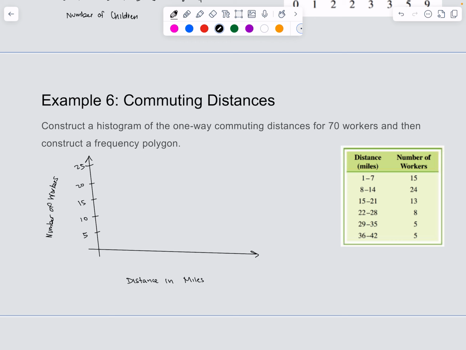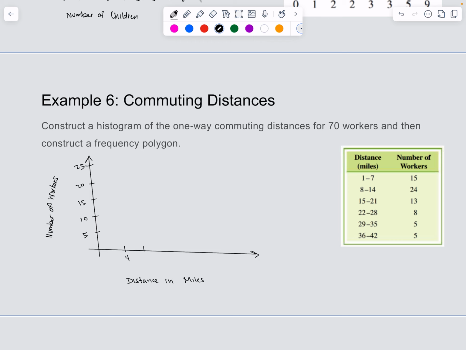Okay, we'll do that. And then let's see, how can we break up the distances? Since each of the distances is a class, I'm going to find the middle of each class. So the middle of 1 through 7, if I add 1 plus 7 and divide by 2, that's 4. So we'll put 4.